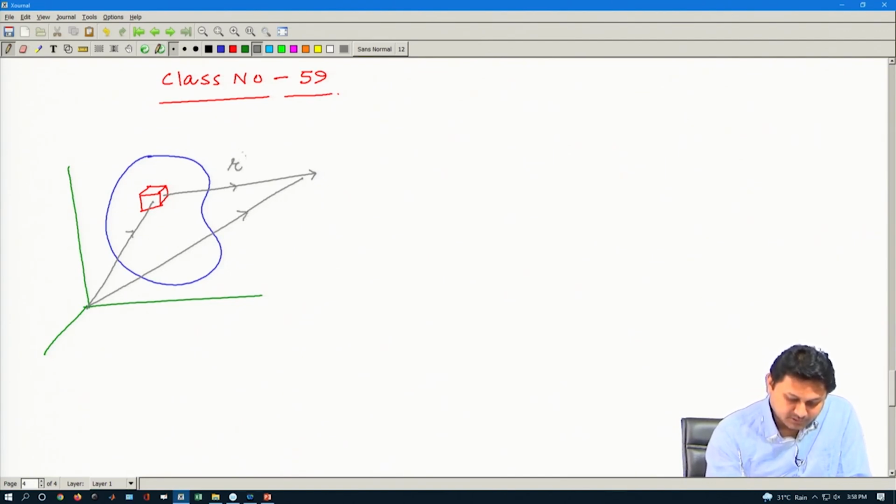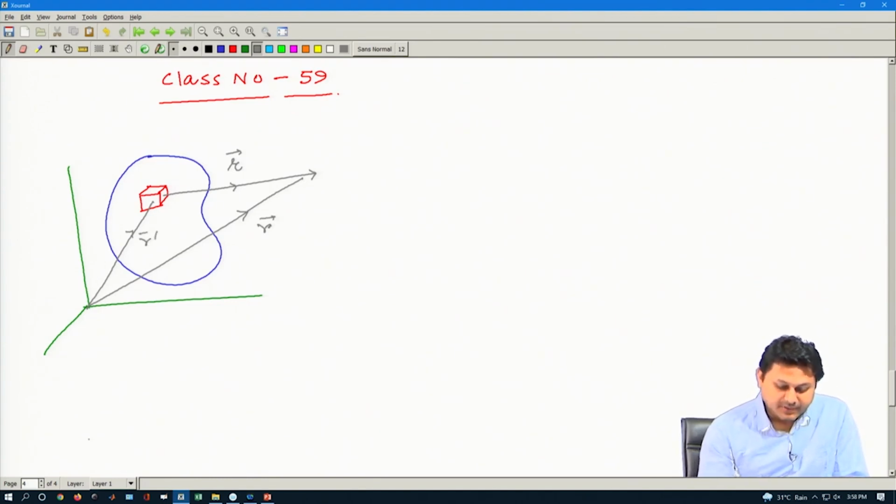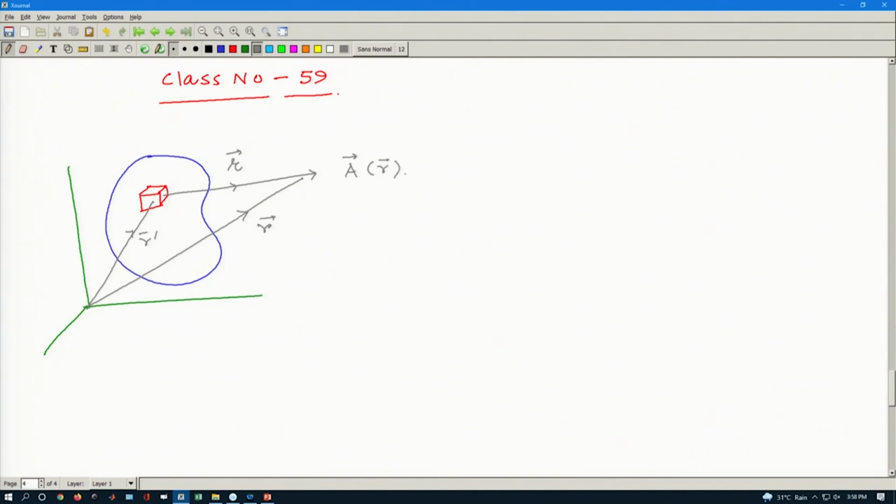So, this was R, this was R, and this was R prime, and at this point when we calculate the contribution of A, the vector potential, this vector potential was combined with two terms.